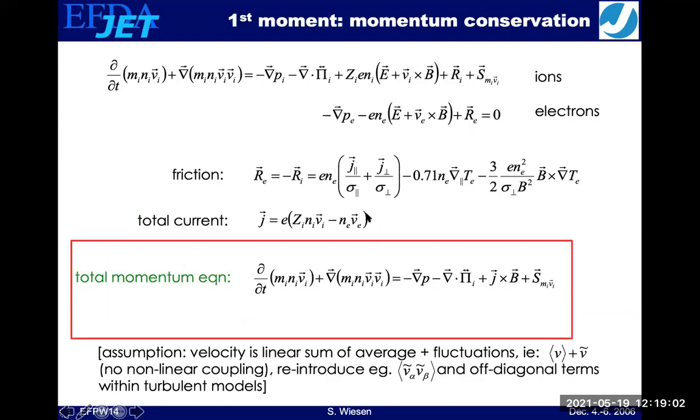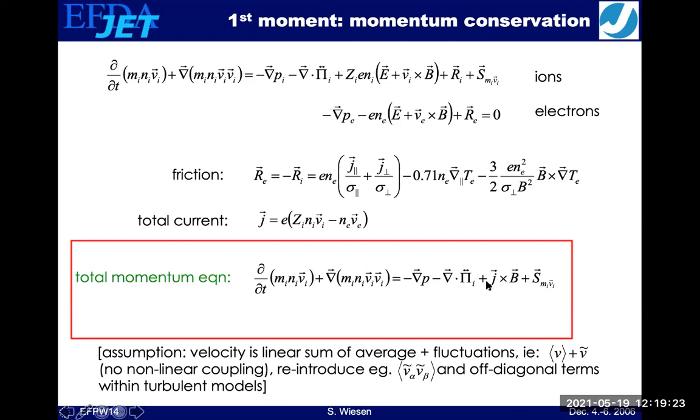Then for the total momentum, you have this evolution of the momentum, the divergence of the momentum, and then here you have the gradient of the pressure. Because you can have several directions where momentum is evolving, you get something like a pressure tensor. So it's a tensor product.